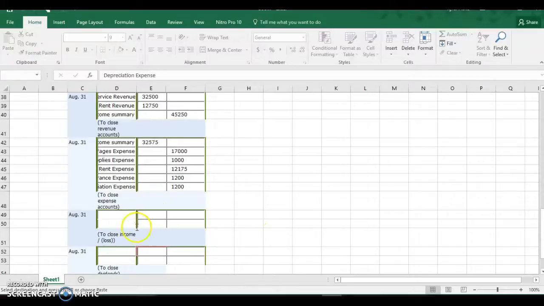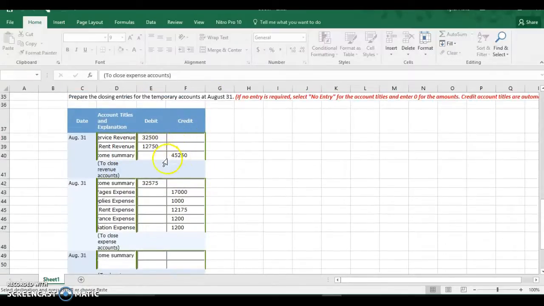Next, we are going to close our income summary account, which is what we just did right here. So what we need to do is put our income summary right here, and we need to find the difference between these two, because we credited it 45,250, and we debited it 32,575.